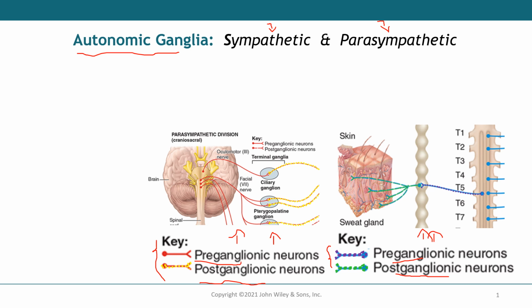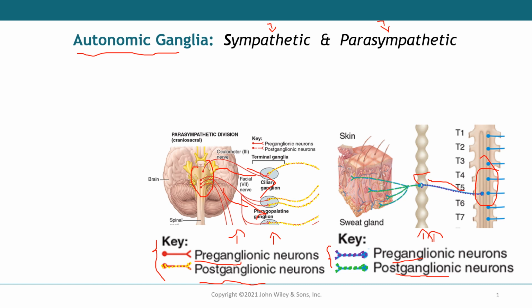Here you can see it coming from the brain stem, and here from the spinal cord. Later I will show you those diagrams. And they are transmitted to the peripheral nervous system. Either way, the same story is happening.